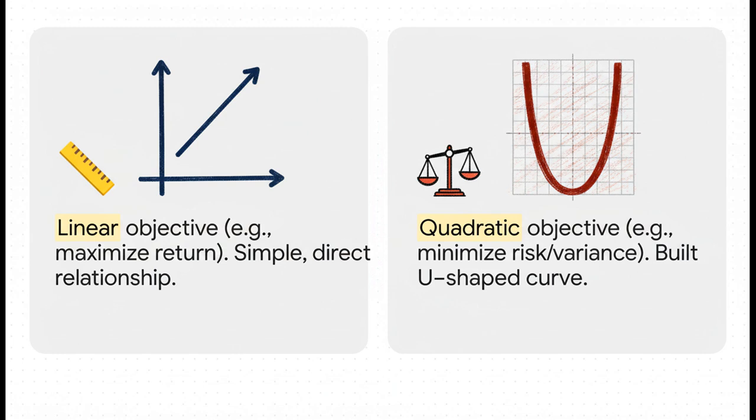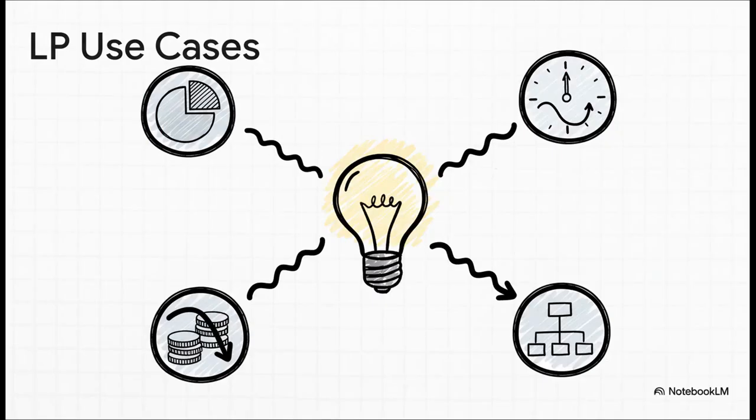So the key difference here is that LP is designed for linear goals, like maximizing return. But other methods, like quadratic programming, or QP, are built to handle nonlinear goals, like, for instance, minimizing your portfolio's risk. And this is really where LP is king.